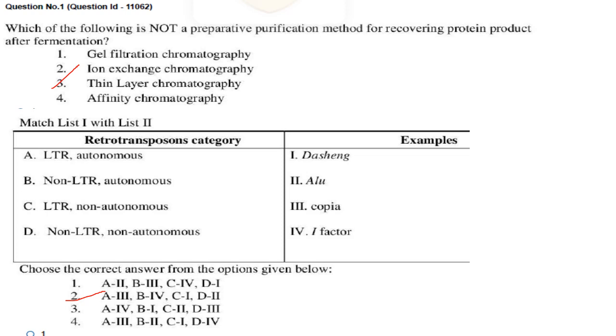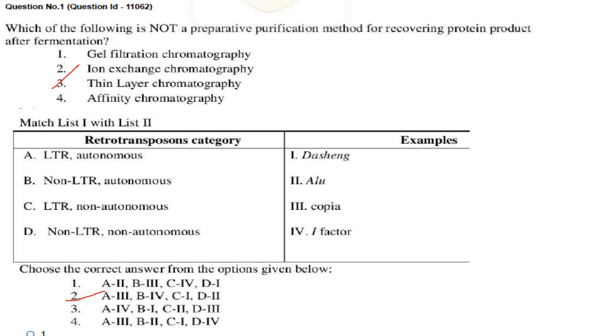LTRs are characterized by the presence of long terminal repeats on both the ends, whereas non-LTRs lack these repeats. Then there is autonomous and non-autonomous transposon. Autonomous can move on their own, while non-autonomous elements require presence of other transposon elements in order to move.